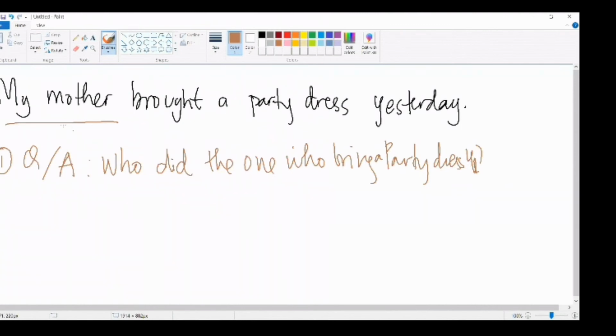Okay, this one. My mother brought a party dress yesterday. What do you think about this, guys? My mother: my is the determiner, mother is the noun, and then it is a noun phrase. Brought is a verb, and so on. What do you think about this analysis?